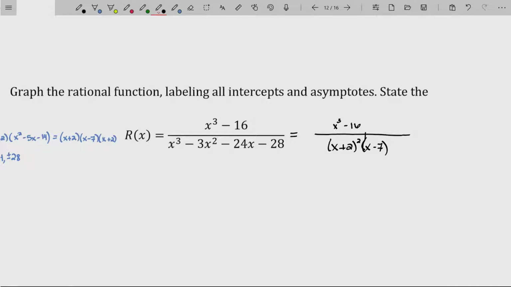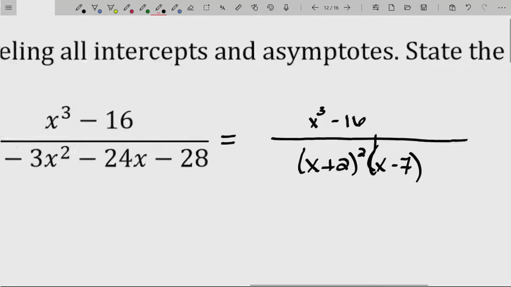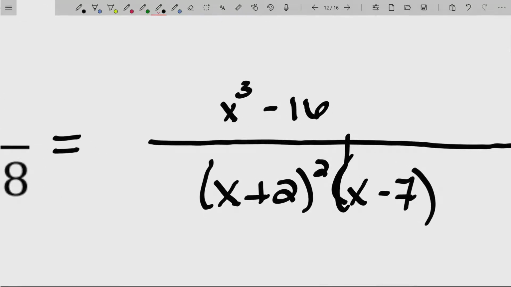So the very first step, again, factor the numerator and denominator of your rational function, if it's factorable. Technically speaking, x cubed minus 16 is totally factorable, but I'm not going to factor that, mainly because it's not going to help me out. Now you might wonder, how would I ever know that not factoring the numerator is going to help me out?